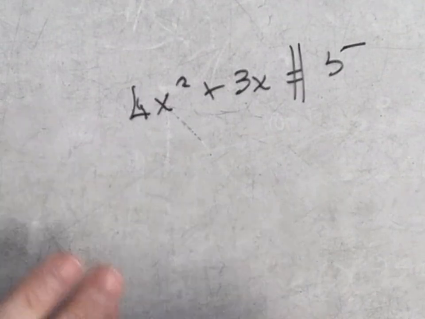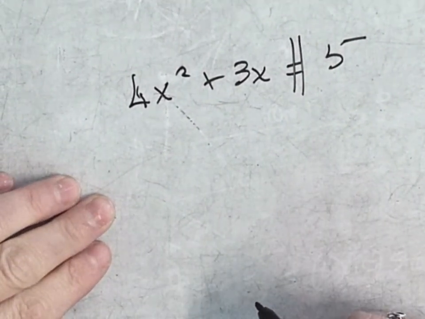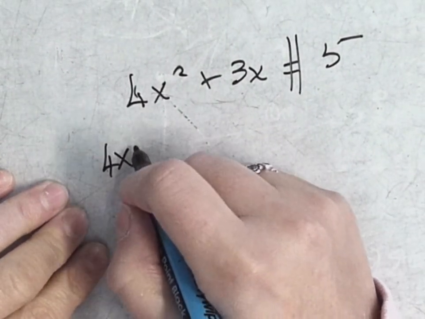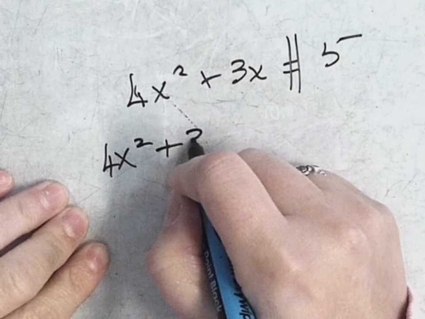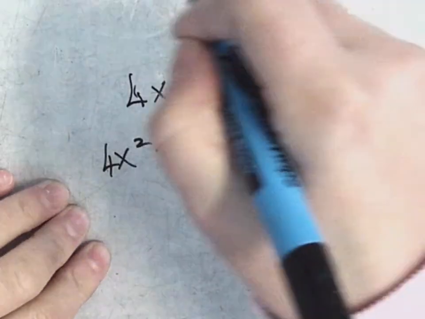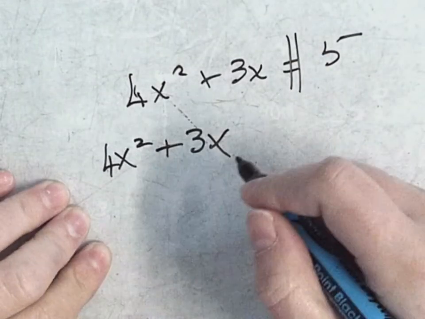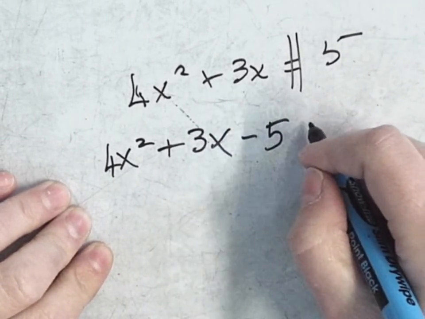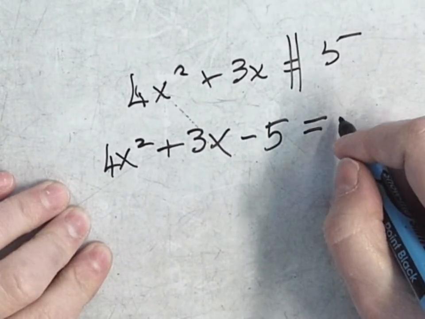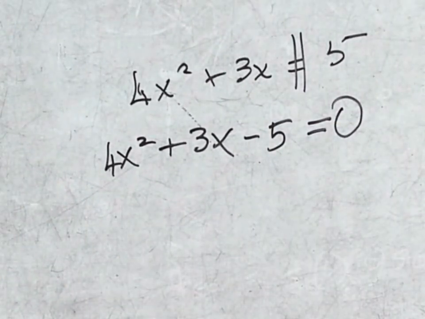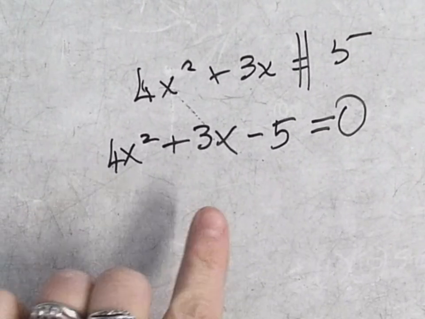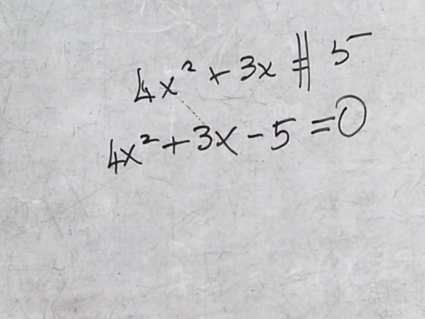All you do is go 4x squared plus 3x, and I bring the 5 over the wall. So what happens when I bring over the 5? It becomes minus 5 equals, what's left over here? 0. Nothing. And off you go. So that's all you have to do. Then a is 4, b is 3, c is minus 5, and off you go.